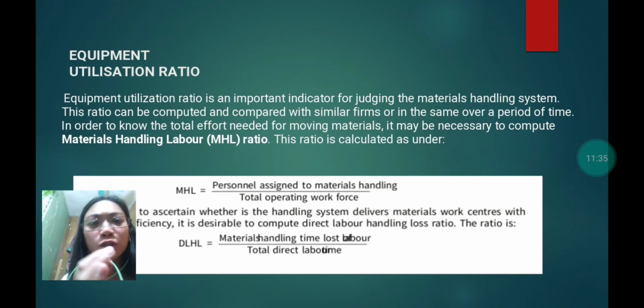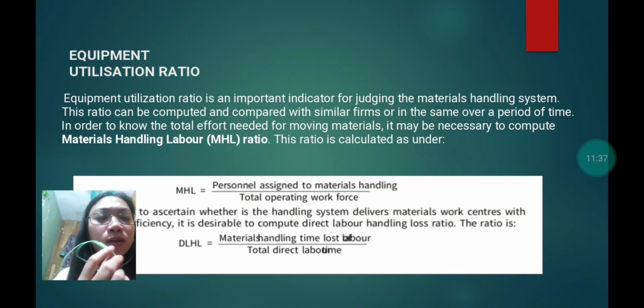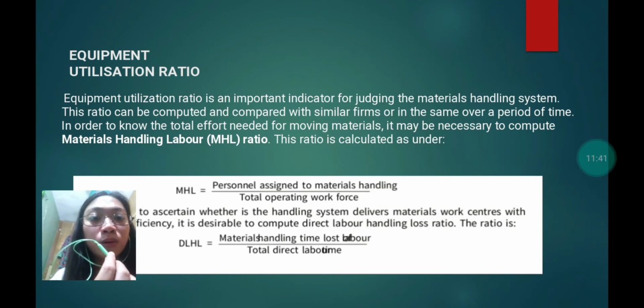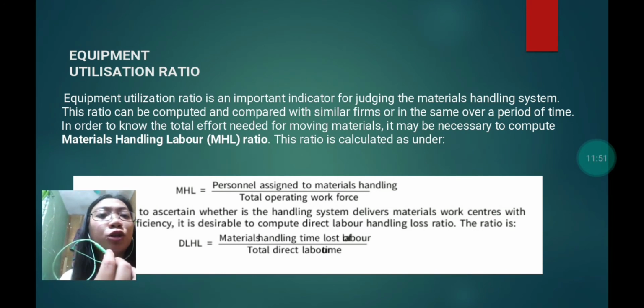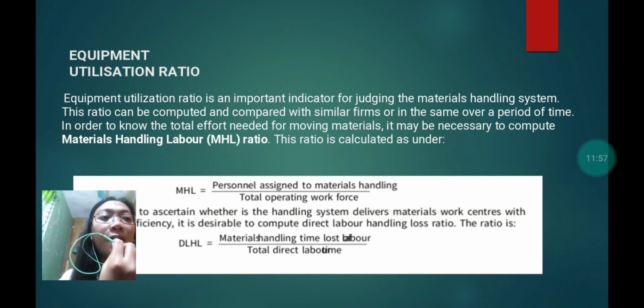Okay, so we have this equipment utilization ratio. I'm not very much familiar with this, so I will only read this one, and maybe our instructor will be the one to expound on this to all of us. Equipment utilization ratio is an important indicator for judging the materials handling system. This ratio can be computed and compared with similar firms or in the same firm over a period of time.